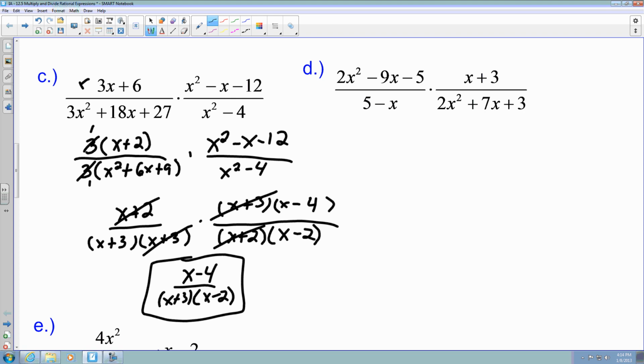Excuse me. Let's try C. We have 2x squared minus 9x minus 5 over 5 minus x, and x plus 3 times 2x squared plus 7x plus 3. So first off, I'm going to do reverse FOIL on my numerator, which leaves me with 2x here, x.